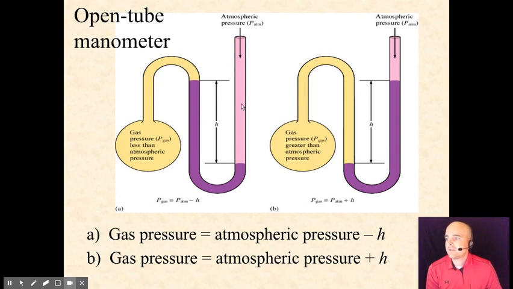If there's a great atmospheric pressure, then it will push down the liquid, commonly mercury. Mercury works well in this example. Or if there's a low atmospheric pressure, lower than the gas pressure in the sample, then the liquid will be higher than that.